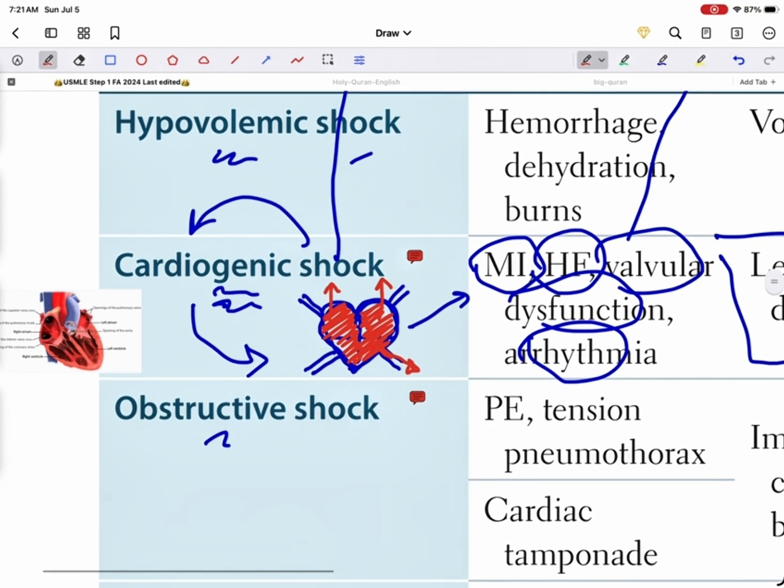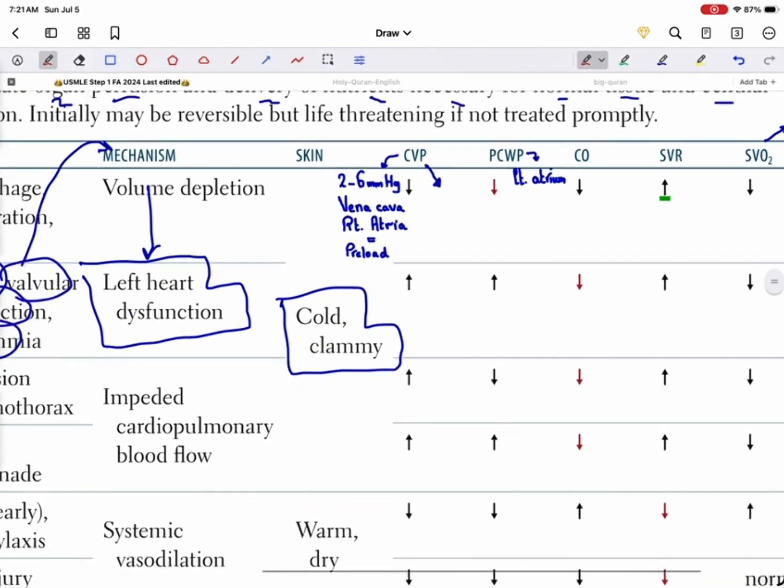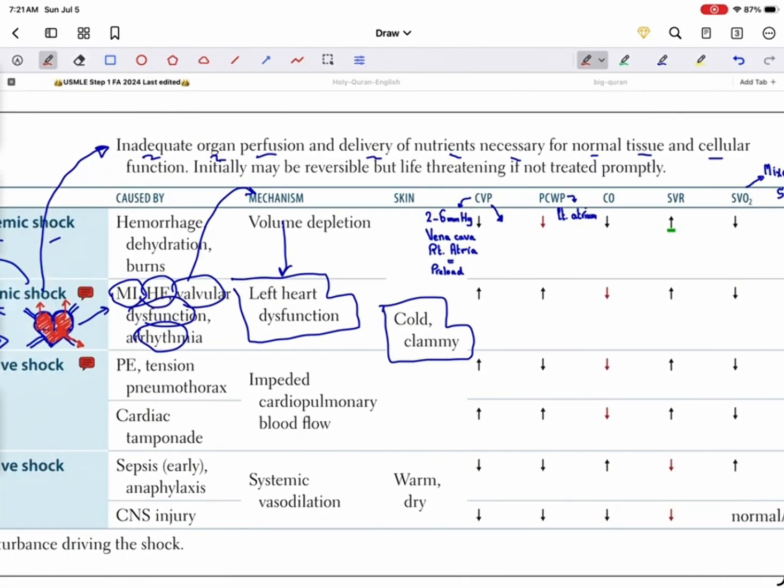The right heart is tested by the CVP, which is the central venous pressure. It shows us the pressure in the right atrium. Okay, and the PCWP, which is pulmonary capillary wedge pressure, shows us the pressure in the left atrium. Cardiac output, as we said, is low. Systemic vascular resistance would be high. Why is that?